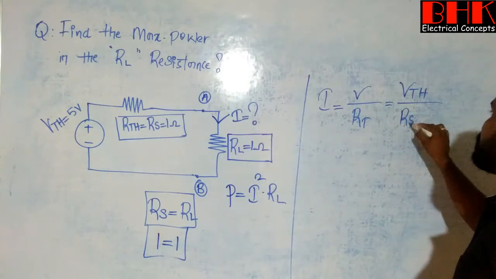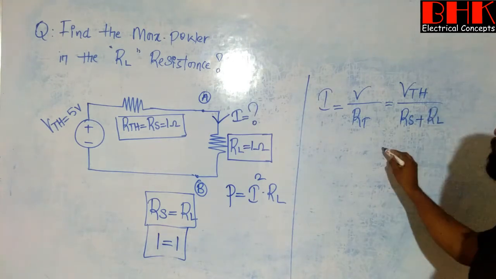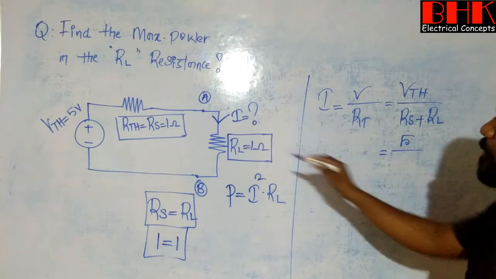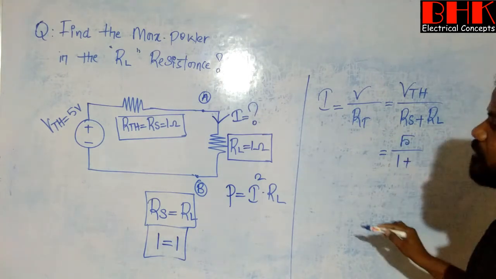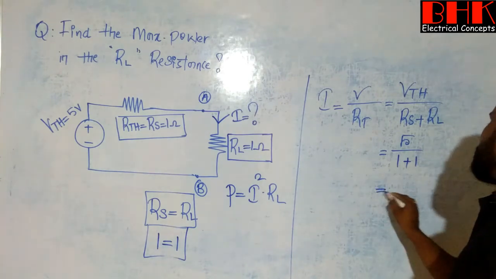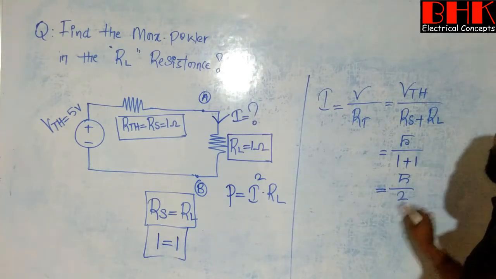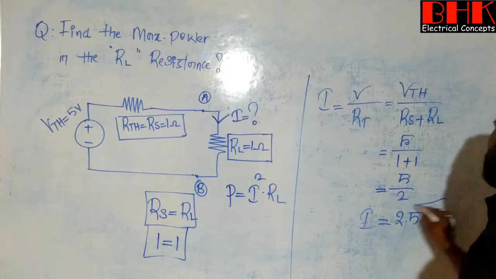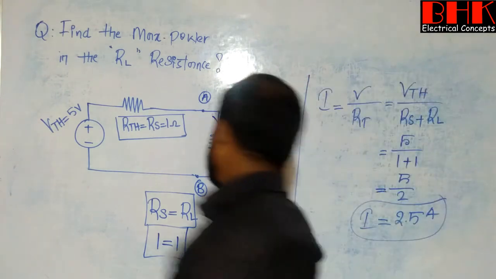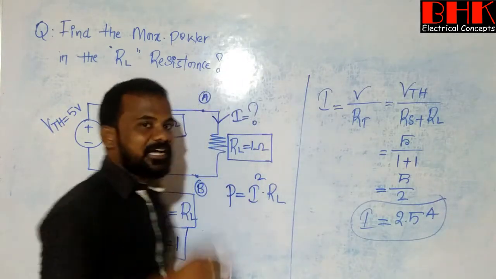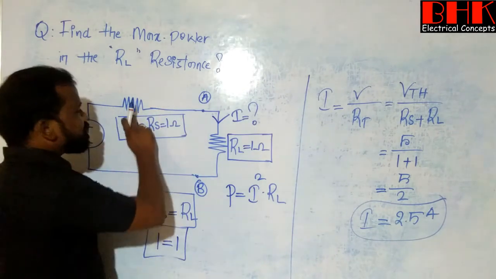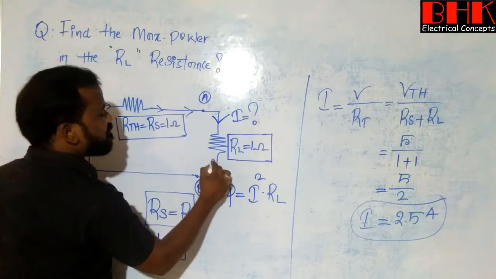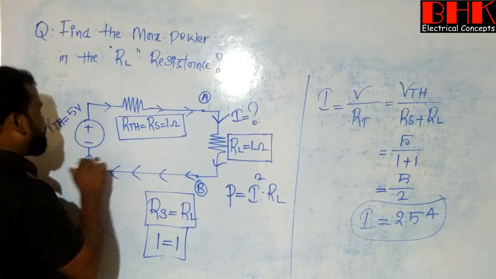That's why source resistance plus load resistance, that is equal to VTH, which is 5, divided by RS, which is 1 ohm, plus RL, which is 1 ohm, that is equal to 5 divided by 2, that is equal to 2.5 amperes. Clear? So 2.5 amperes is the current flowing in the circuit. So these two resistors are connected in series, that's why the total amount of current is always flowing through this series combination of RS and RL.